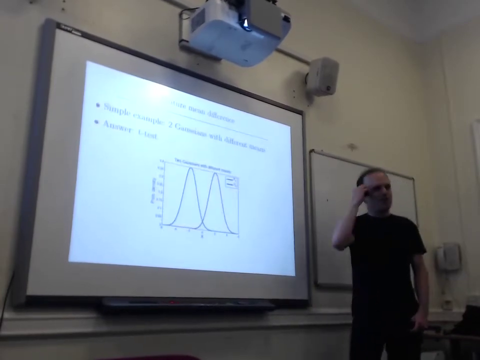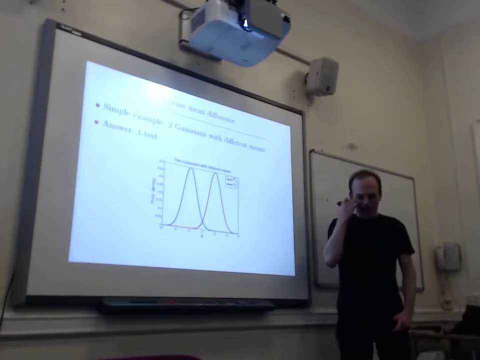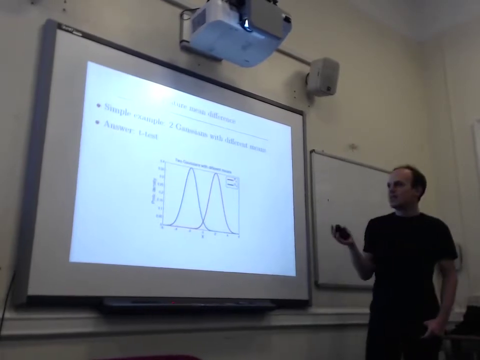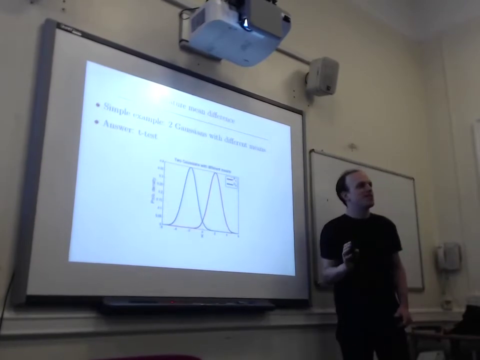Okay, so kernel distance between distributions. First of all, I'm going to start by introducing the feature interpretation, because I think that's perhaps the easiest one to think about.